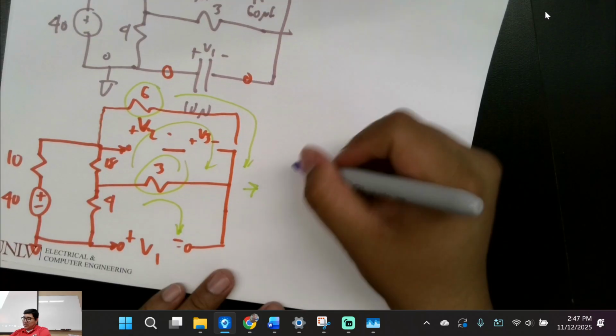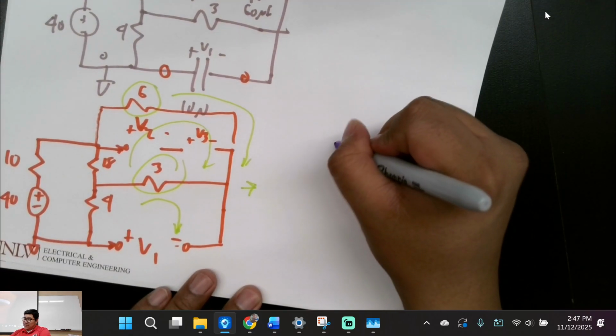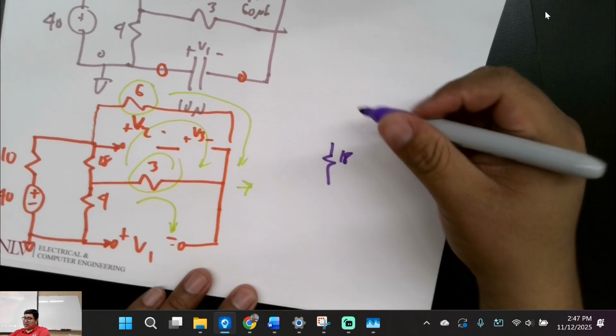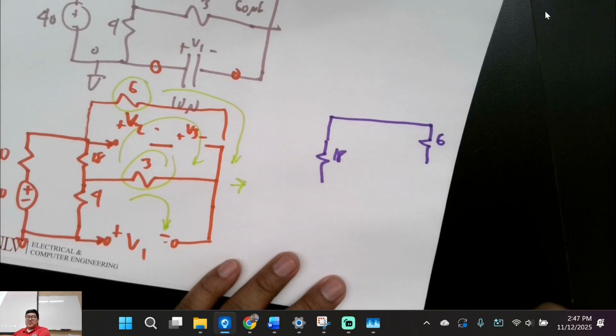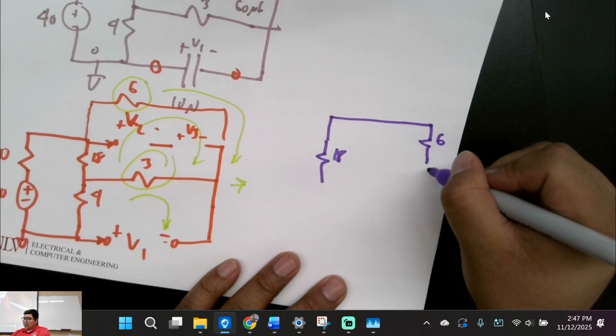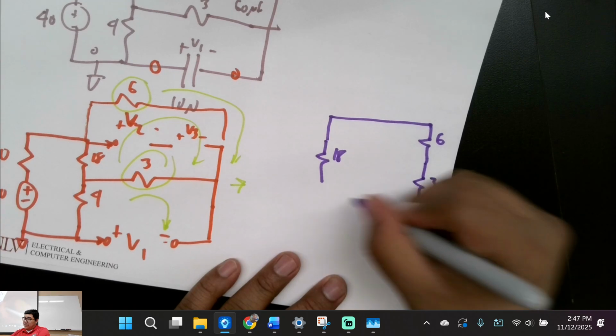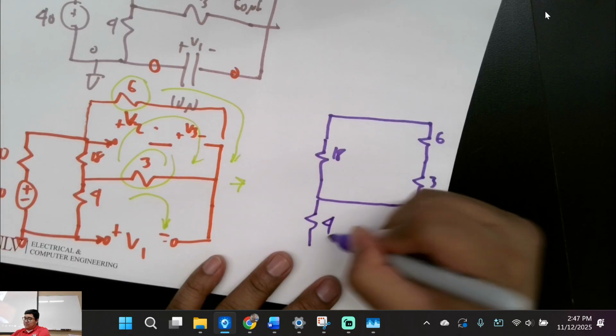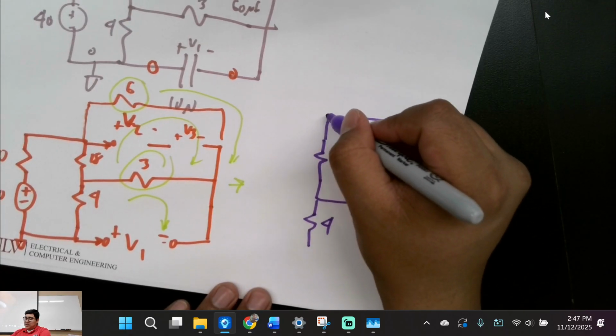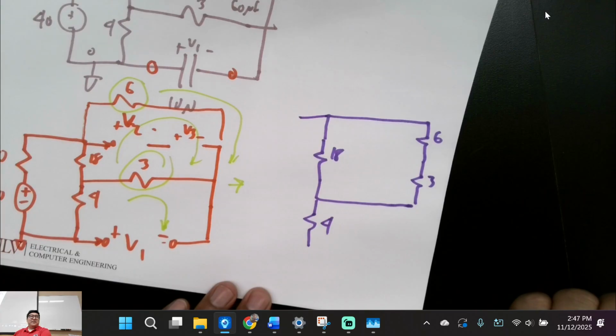I don't like this one. Here's the 18 ohm resistor. Here's our 6 ohm resistor, and then that 3 ohm resistor. Redraw it like that. Goes down to the 4. Is this looking better? You guys like that circuit?